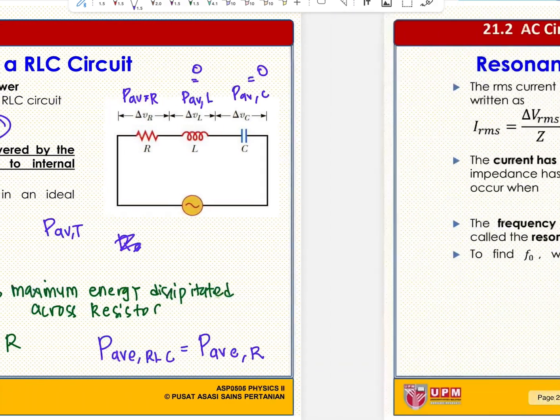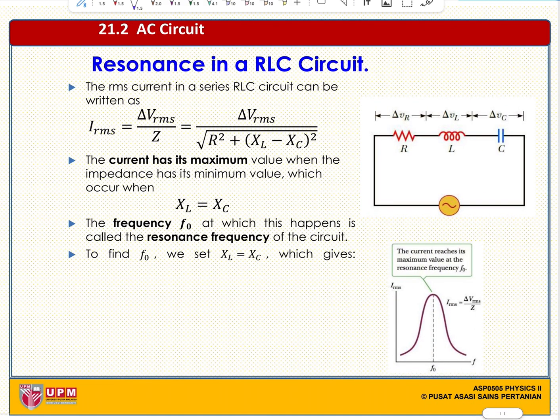Right? Okay, kita tengok resonant pula. Resonant ni, kalau you tengok this equation of I RMS, dia akan dapat V RMS bahagi dengan Z. So you can see here, your current maximum apabila Z is minimum. Z minimum happen apabila this part is equal to 0.